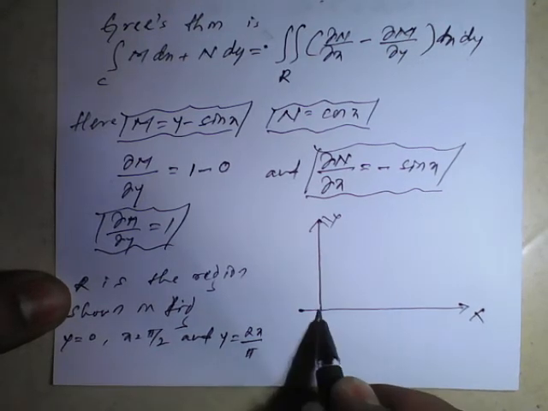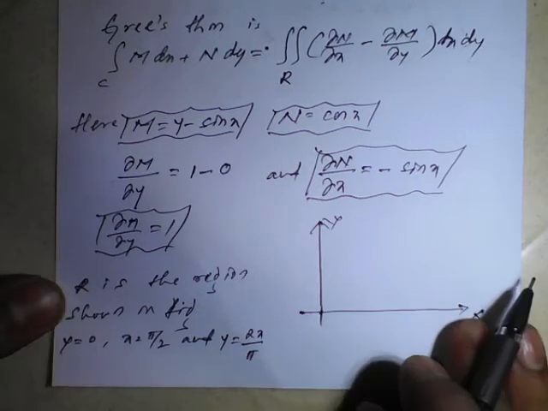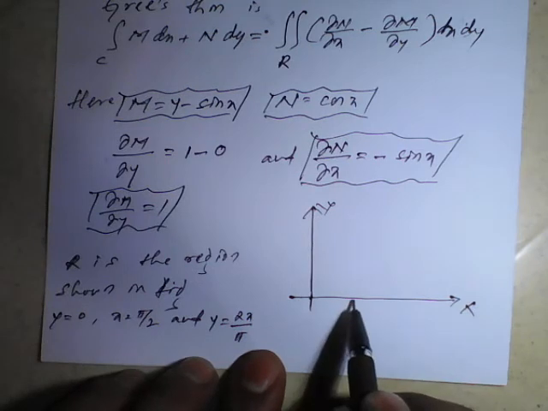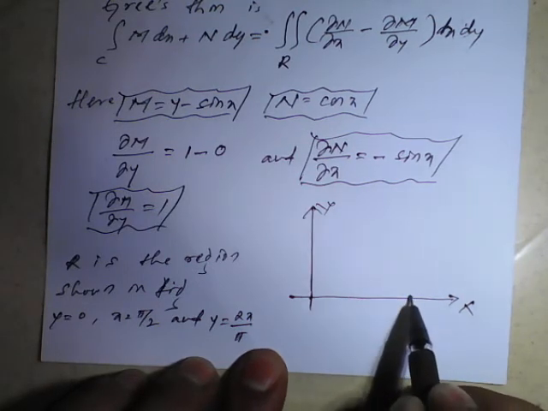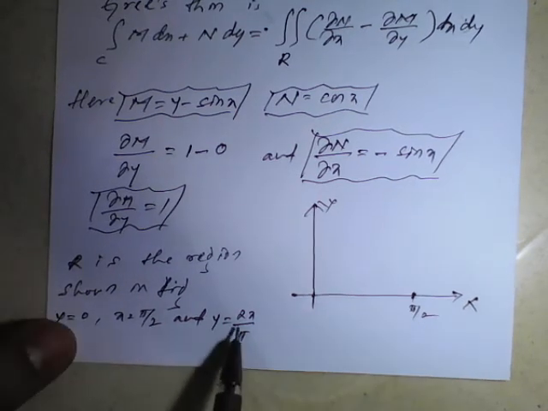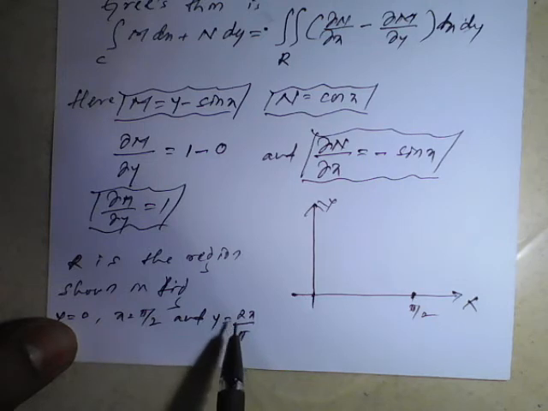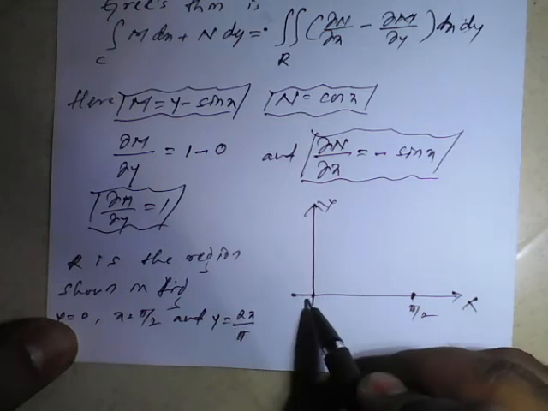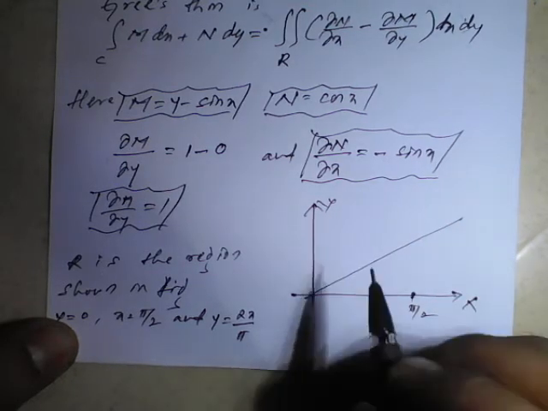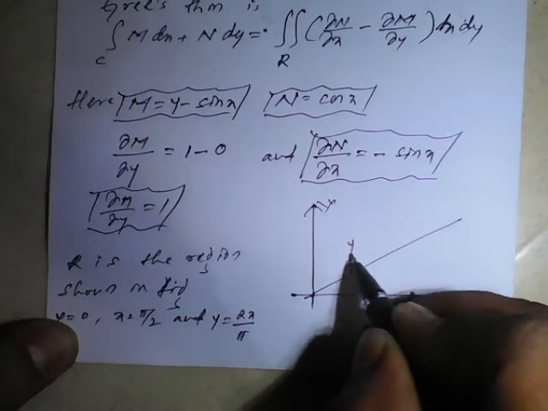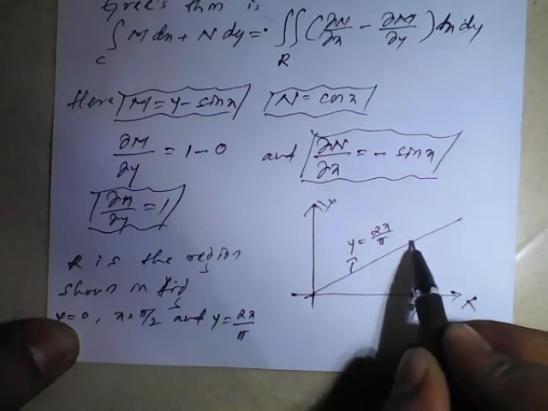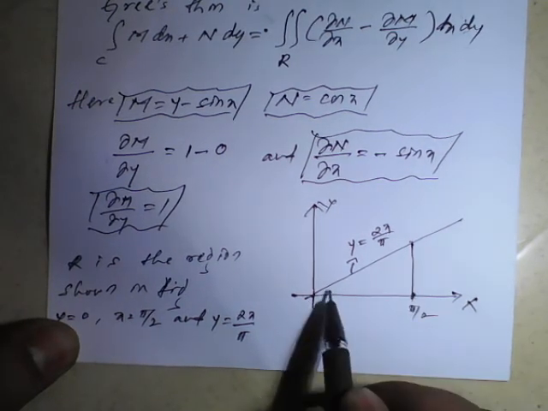So y is equal to 0 is the x-axis. Next, take the point pi by 2 here. The line y is equal to 2x upon pi is one of the curves passing through the origin. This is a point, so you draw a perpendicular here. So this is the complete region.